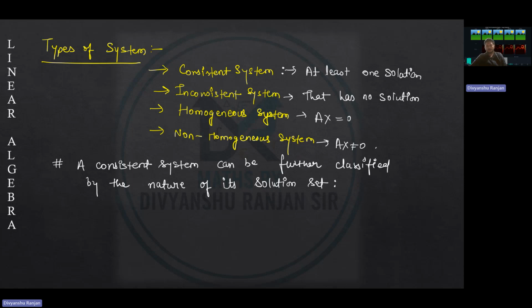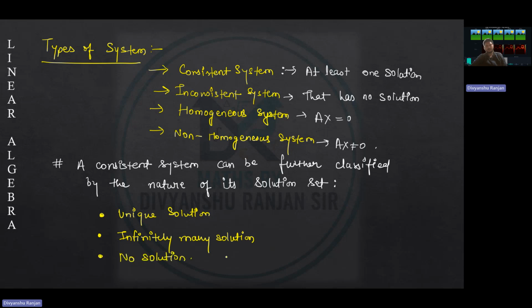Here, first is your unique solution, second is your infinitely many solutions, and last is your no solution. These three terms are basically used for solving many problems.